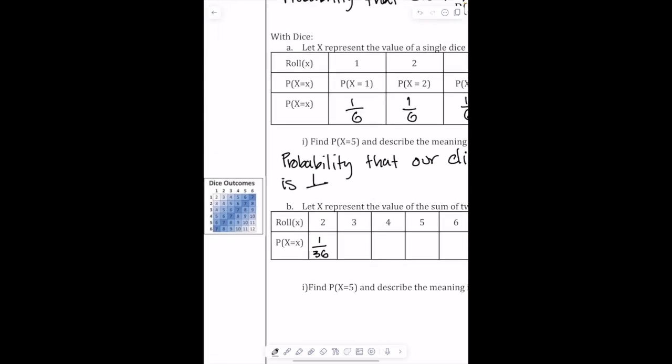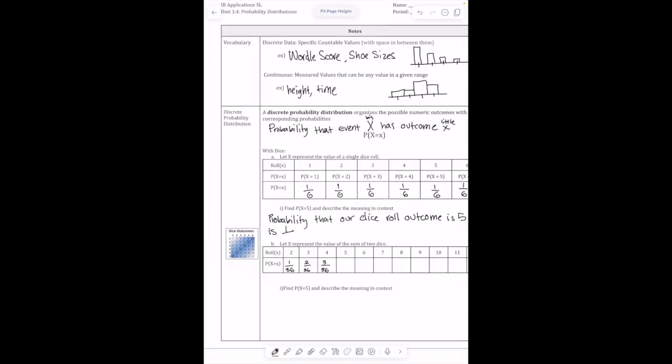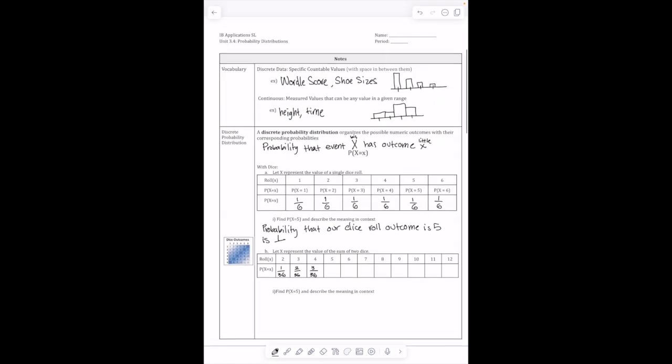For a 3, there are 2 ways to get a 3, so 2 out of 36. There are 3 ways to get a 4, so 3 out of 36. Then we can just keep filling out the table from there. So there's 4, 5.